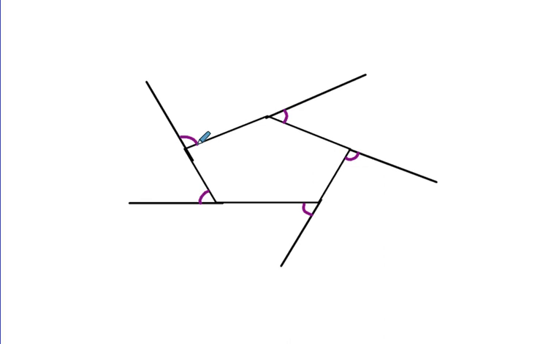If we go back and take a look at these interior angles, we know the sum of the interior angles of a pentagon from the last video is 540 degrees on the inside. And that can be split up however many different ways depending on the shape of the pentagon. I'm going to say that these two here are 90 degrees. They look like they're 90 degrees. So that'd be 180 degrees so far.